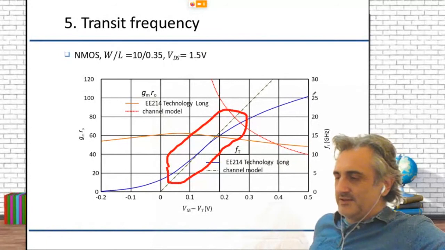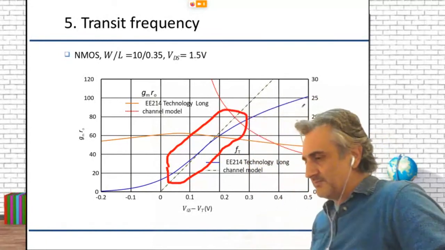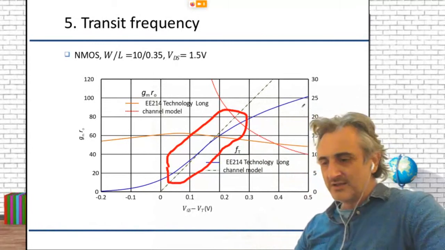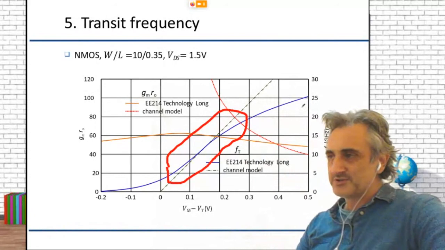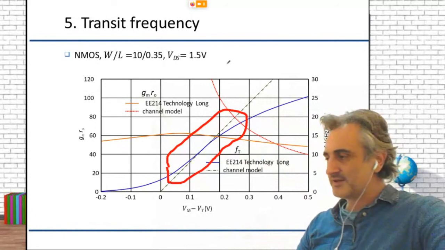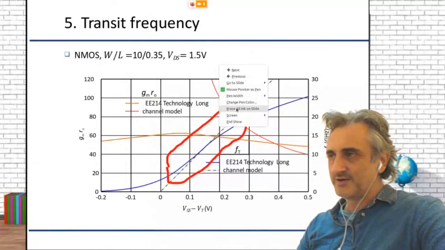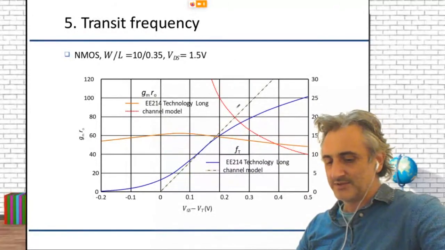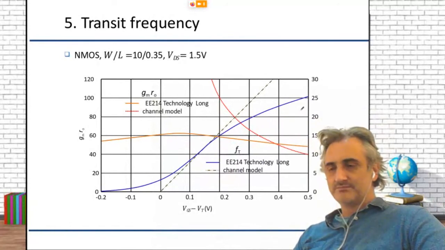This is something that is always happening. The models we are using to do hand calculations are not actually valid. They are only approximations to get an idea of how the different transistors and all the different variables relate between themselves. But the parameters we get can be quite different.